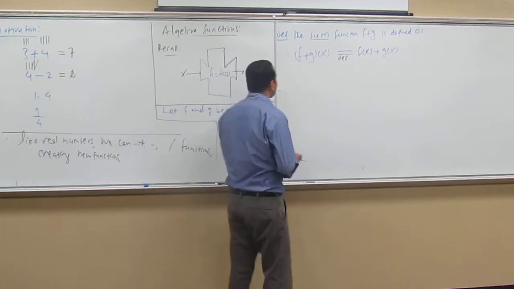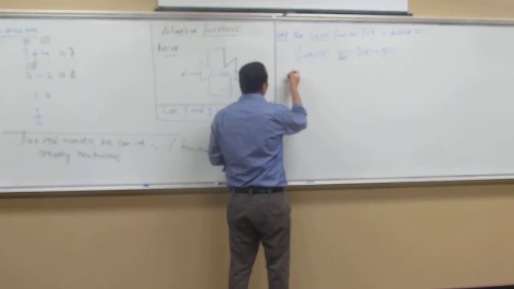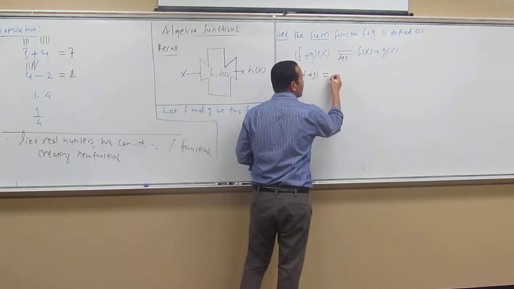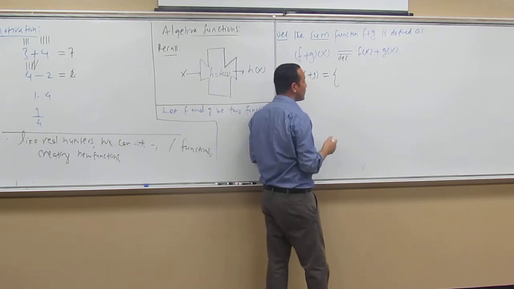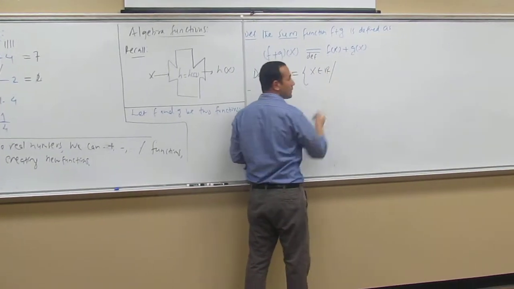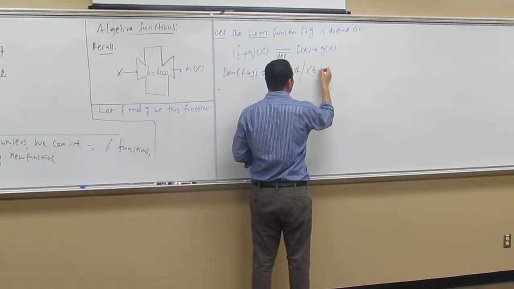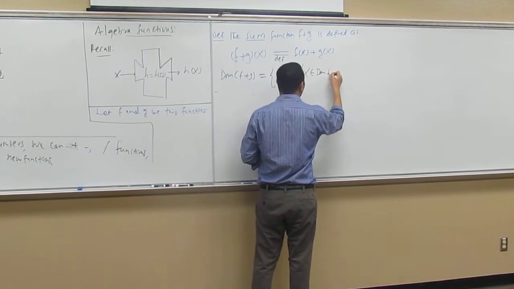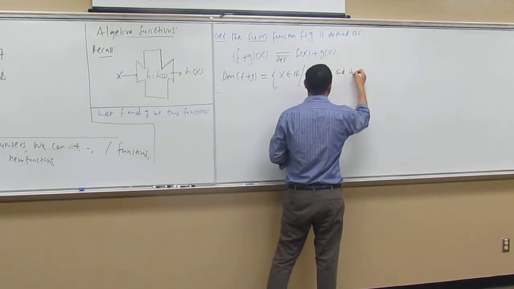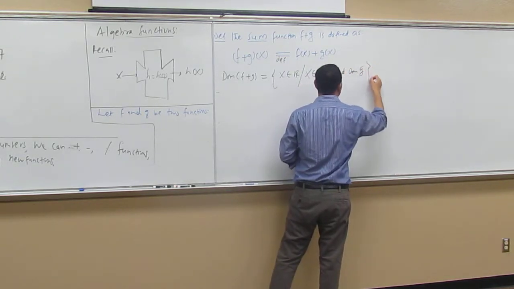Okay, so let's write. So the domain of f plus g is equal to, in set notation, the collection of all x belonging to R, so that x belongs to the domain of f and the domain of g at the same time.